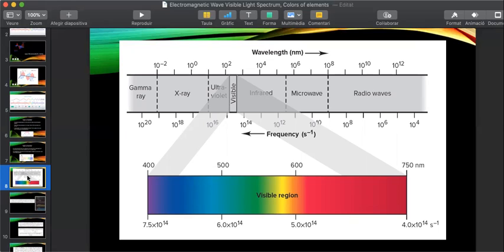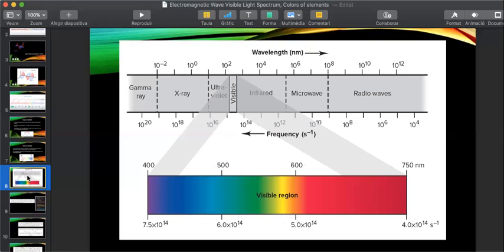And look at this, the visible spectrum is just a component of the entire electromagnetic spectrum. Next to the visible region, we can find the infrared and the ultraviolet region. The ultraviolet region will have more energy than the infrared region.